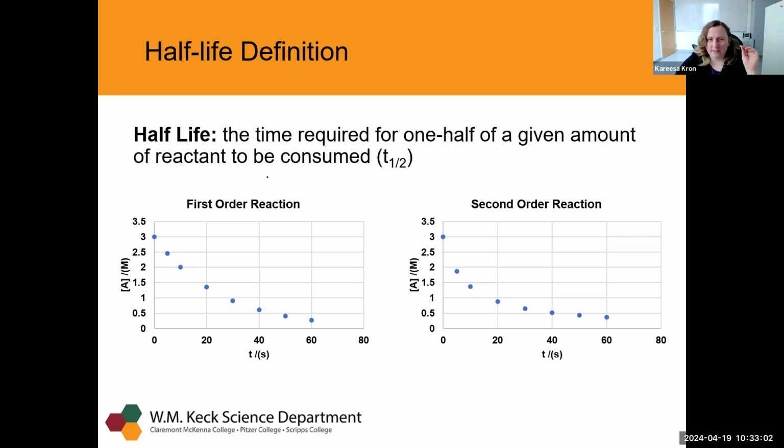And so we're going to use half-life in this course to talk about how much of some component is being consumed. So if we had a first order reaction and we start at a concentration of 3 molarity, then when we get to 1.5 as our concentration, the time where we have 1.5 is maybe somewhere here, which is close to maybe 15 seconds.